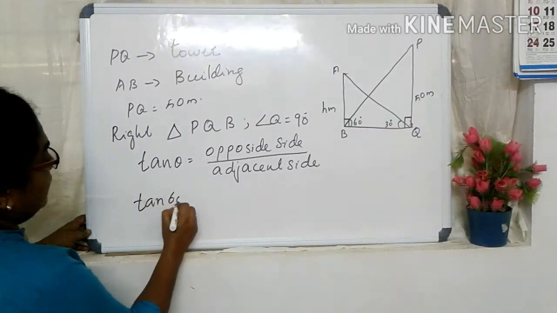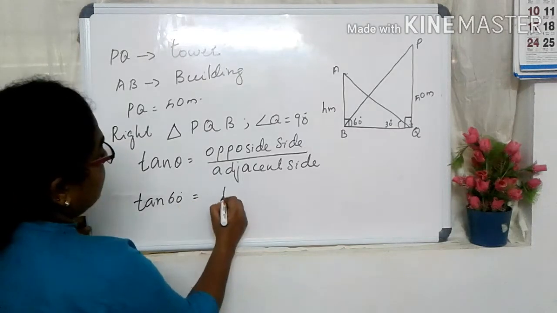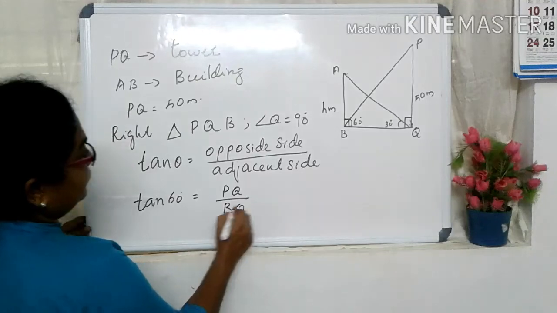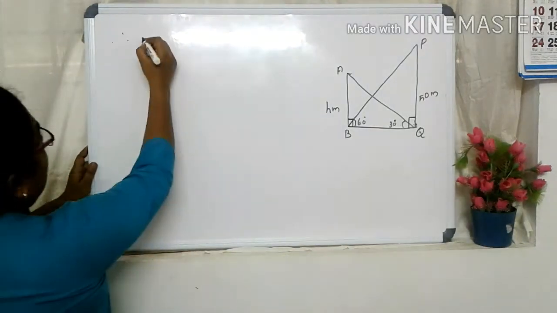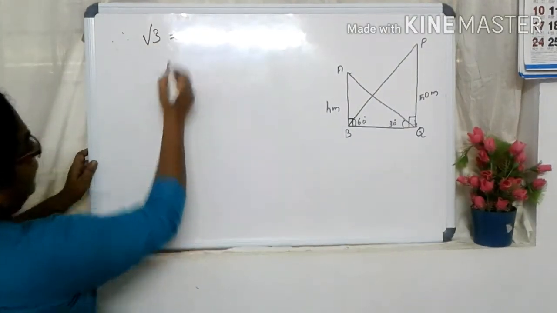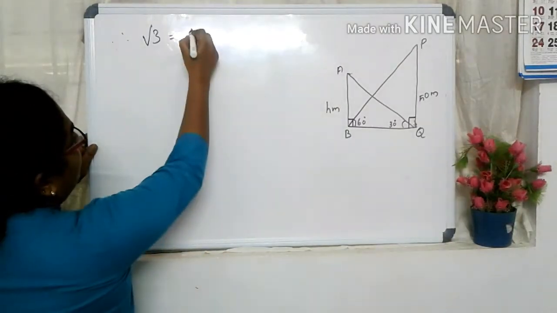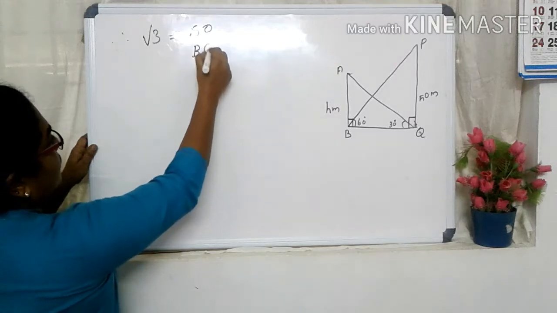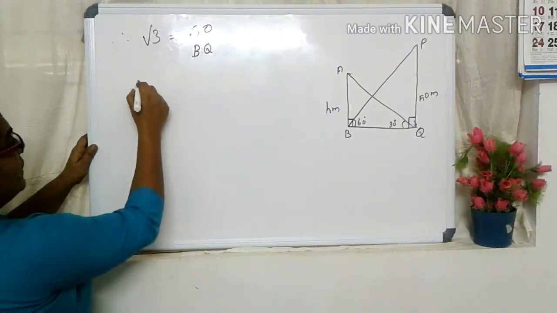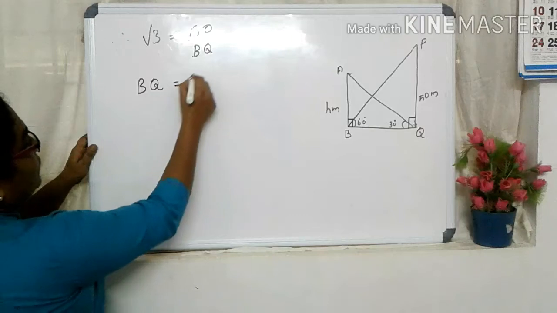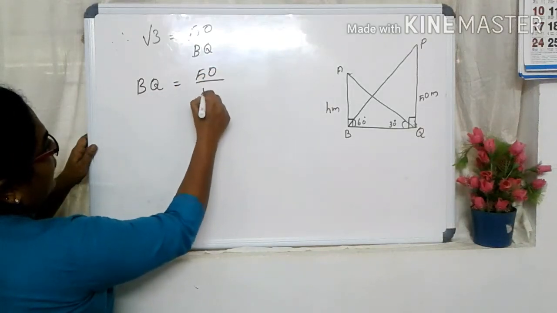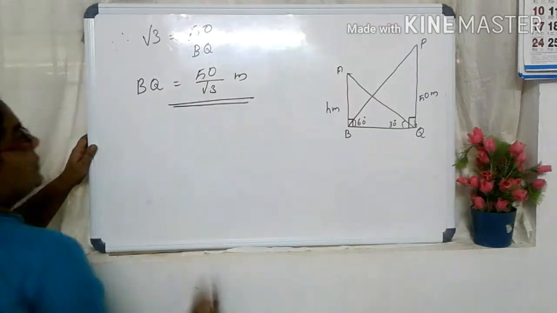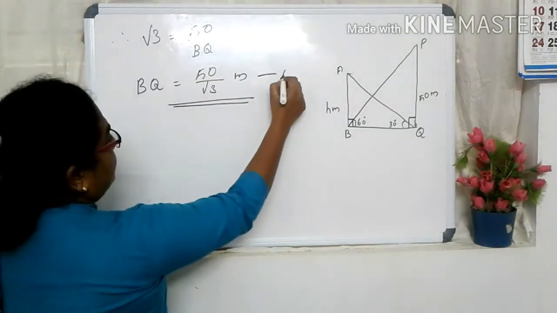Therefore, tan 60 equals opposite side PQ by adjacent side BQ. We know tan 60 equals root 3. So root 3 equals 50 by BQ. Doing the cross multiplication, we get BQ equal to 50 by root 3 meters. That is equation number 1.